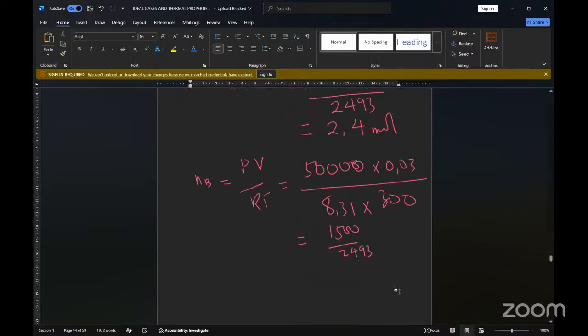And the number of moles here is 0.60 mole.